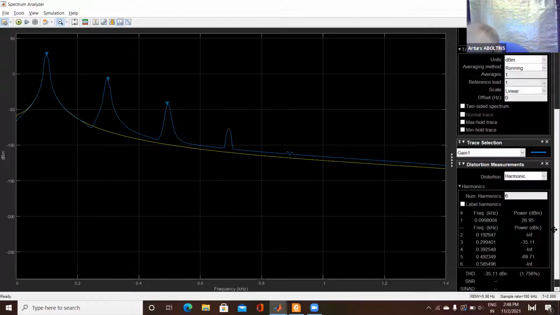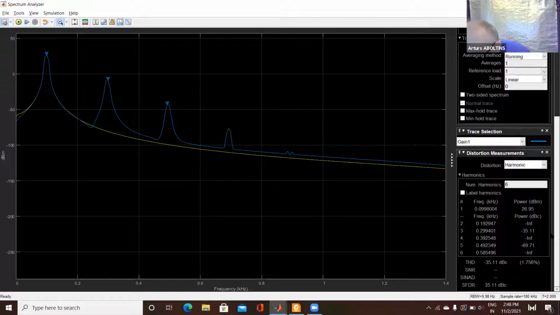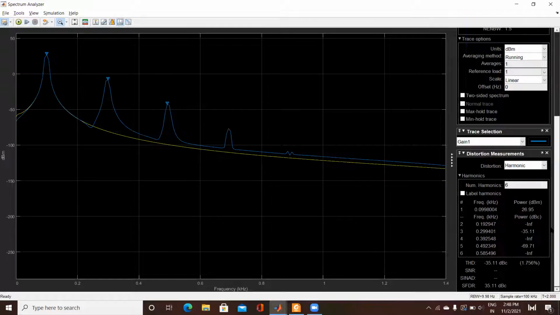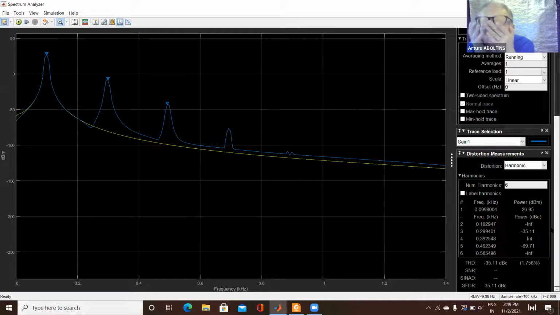Yeah, it's like 1.7 now. Okay, you see, it is a much bigger impact than I ever imagined, because this derivative works as a high pass filter, and it increases higher frequencies, and that's why the harmonics get amplified.